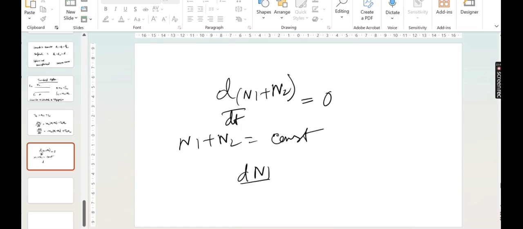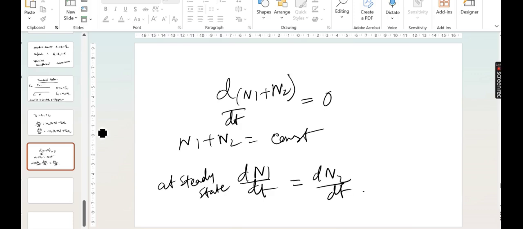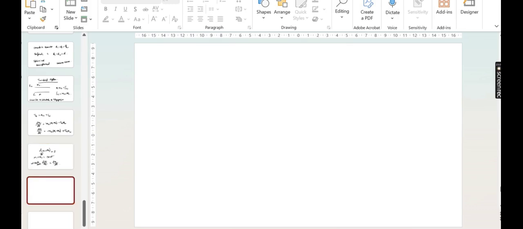So N1 plus N2 should be constant. At steady state, dN1/dt should equal dN2/dt. Doing all that, we can go through this calculation in the book.